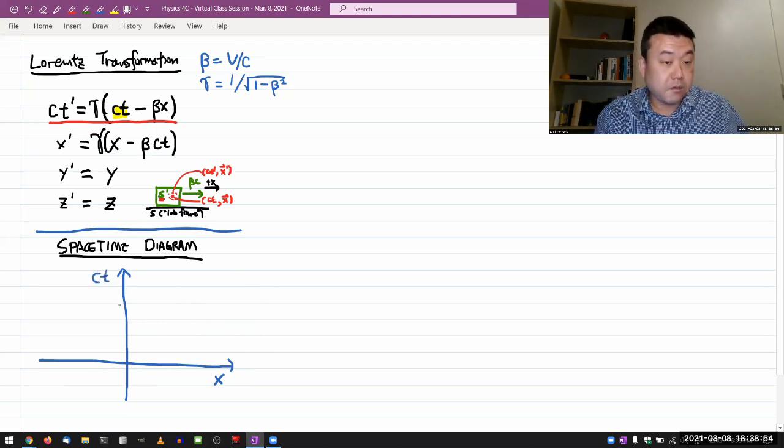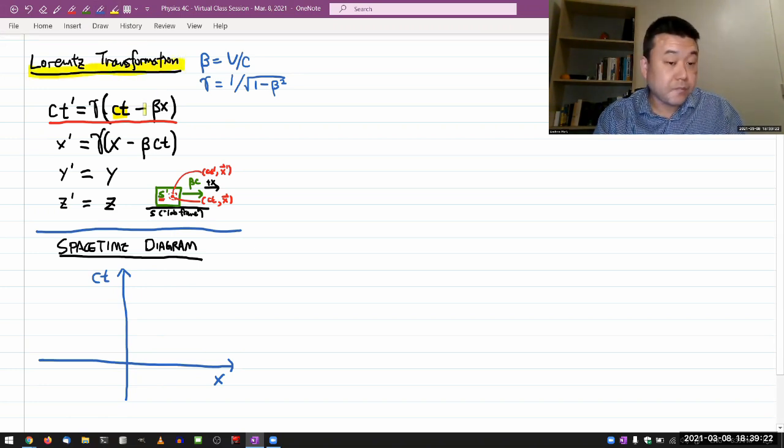So this is a kind of blank canvas where you can represent motion of a particle, for example. You can plot as a function of time its position at all times. It's one of the things you can do. And what this ends up being very useful for is for illustrating Lorentz transformation.